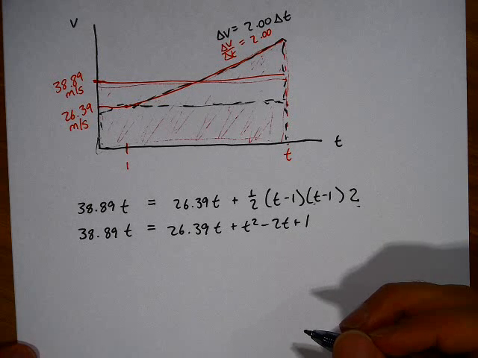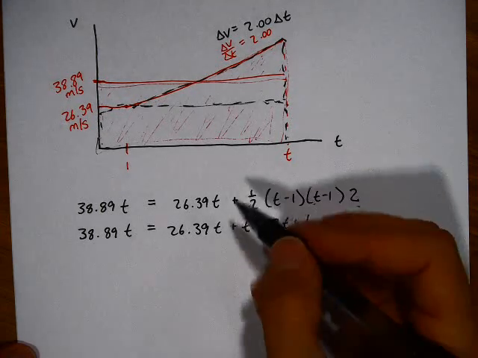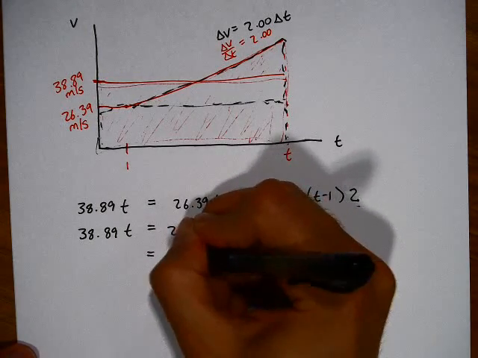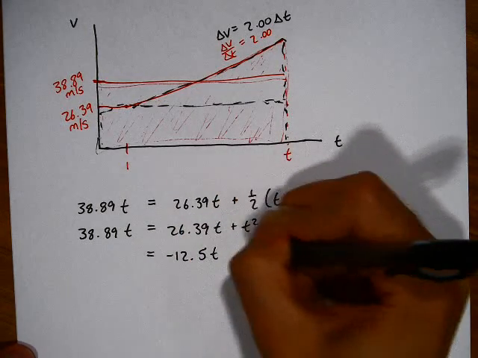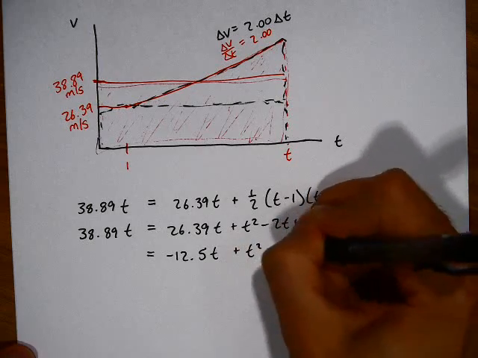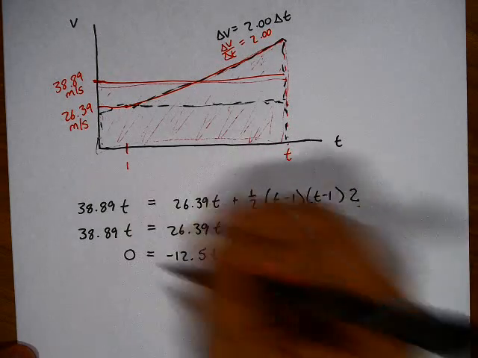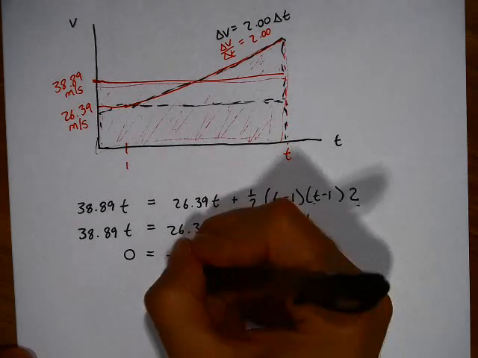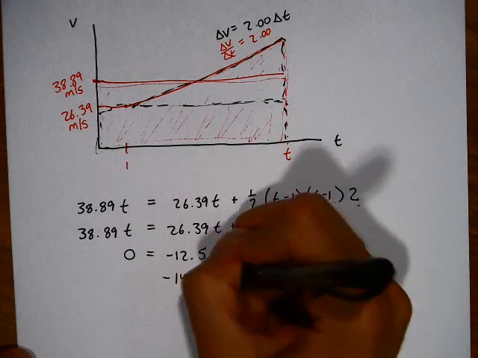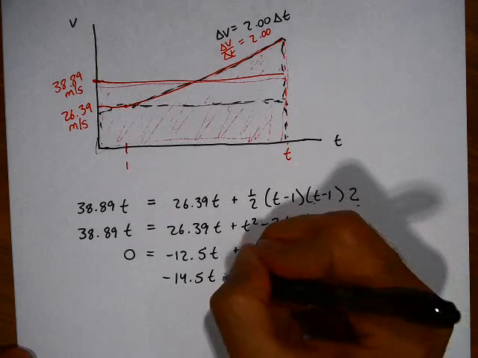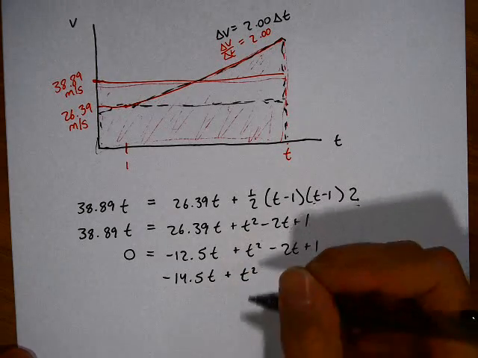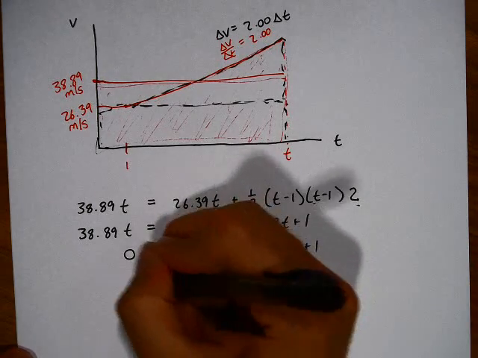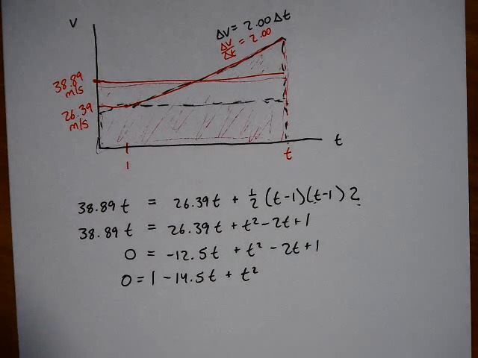Okay, and we end up getting negative 12.5t plus t squared minus 2t plus 1 equals 0. Negative 12.5t and negative 2t equal negative 14.5t plus t squared plus 1.